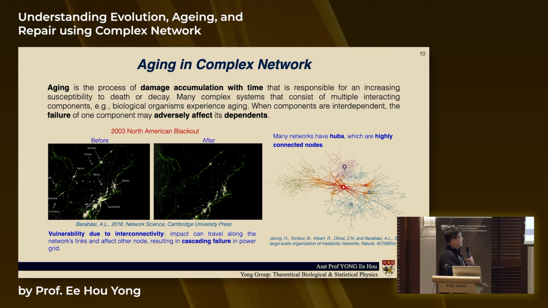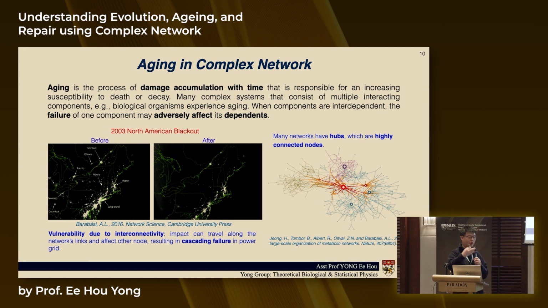You can understand this kind of power grid as a complex network, and the reason why the blackout became large scale is the failure of hubs. Hubs are nodes with a lot of connectivity. Once you have these hubs failing, then the system cannot sustain itself and eventually fails, right? So you can see that this can be applied to a lot of biological systems, because biological systems are multicellular entities, right?